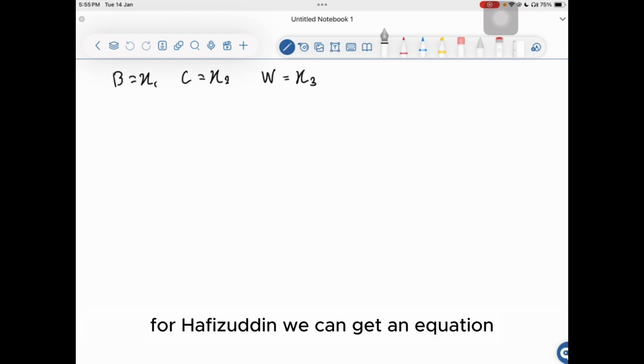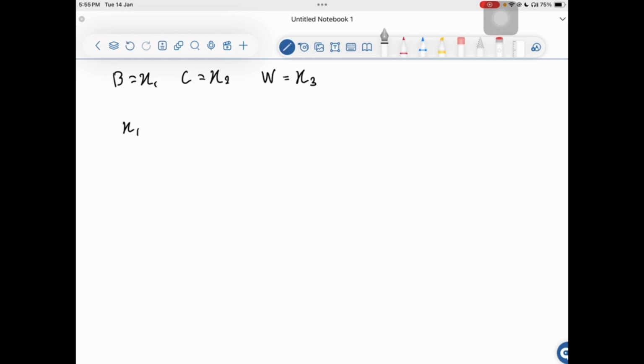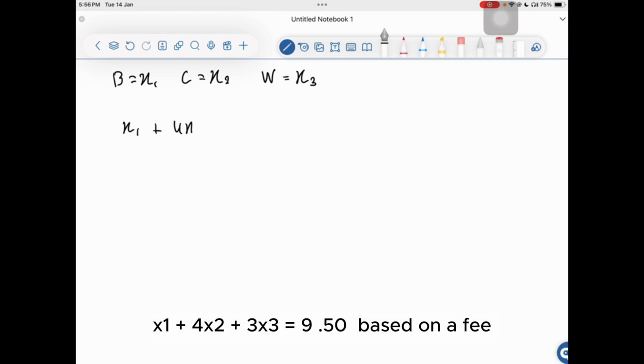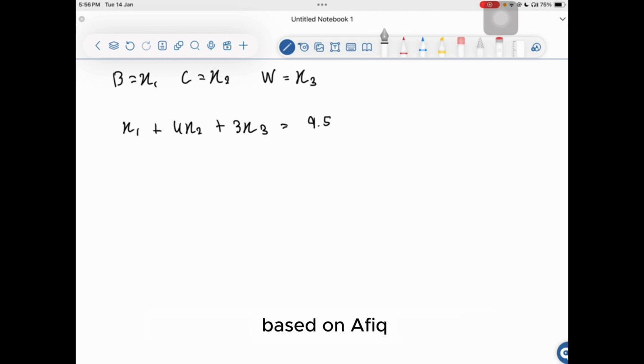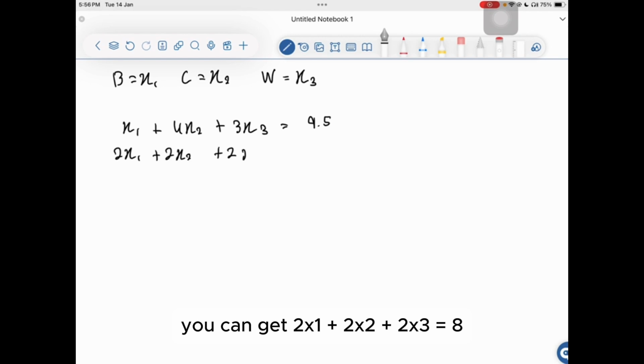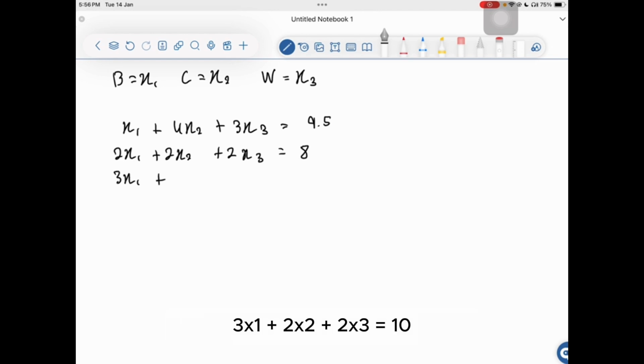For Hafizuddin, we get x1 plus 4x2 plus 3x3 equals 9 ringgit and 5 cents. Based on Afiq, we get 2x1 plus 2x2 plus 2x3 equals 8 ringgit. And based on what the other one bought, we get 3x1 plus 2x2 plus 2x3 equals 10 ringgit.